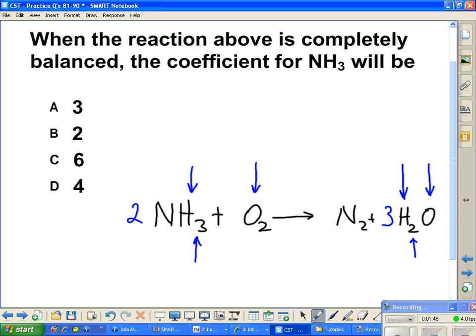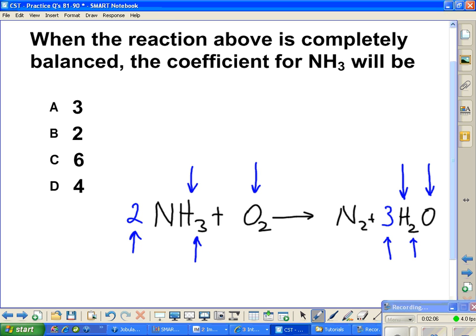And what did that do? That gave us 3 times 2 hydrogens on the right, which is 6, and on the left side, 2 times 3 hydrogens, which is 6 hydrogens. So our hydrogens are balanced.